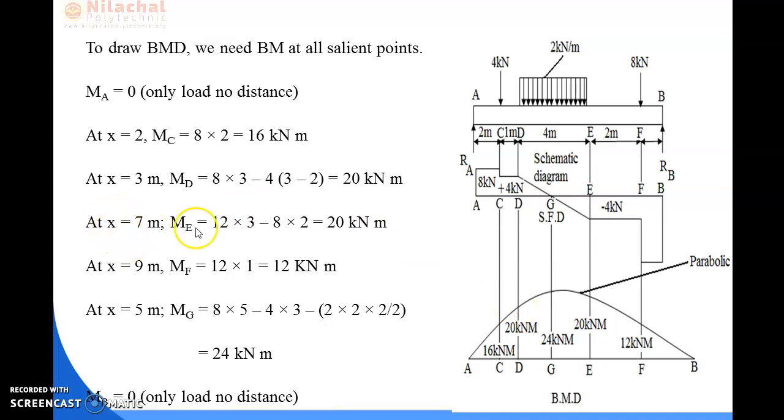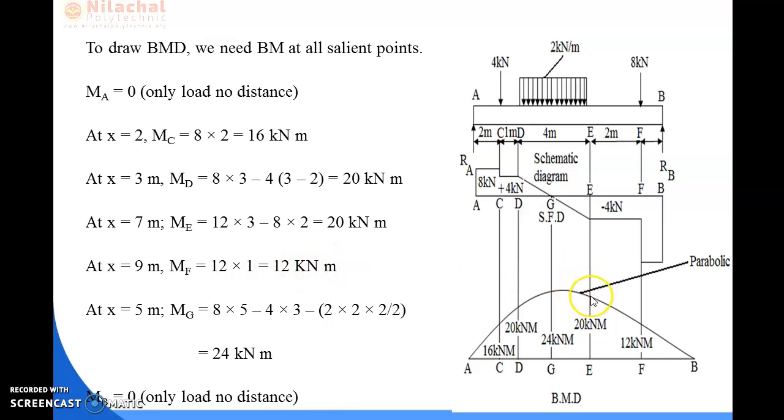After that, at point E, the value of bending moment is again 20 kilonewton meter. So the point E is here, the point of 20 kilonewton meter. After that, at point F, the bending moment is 12 kilonewton meter.